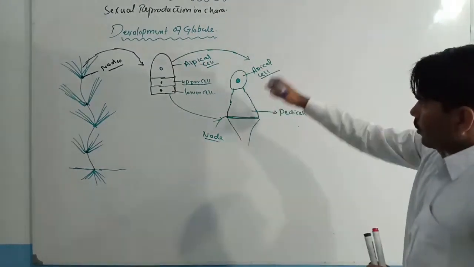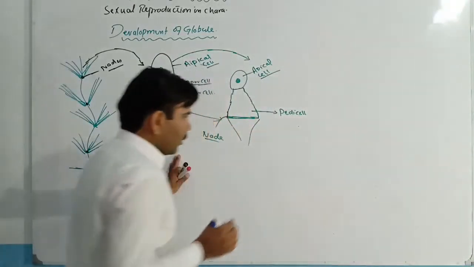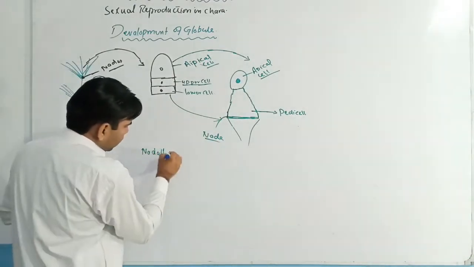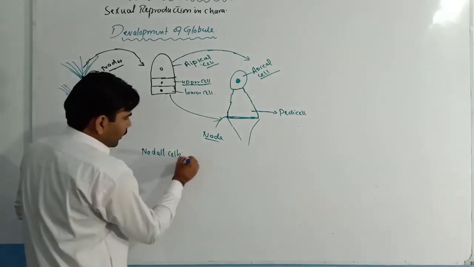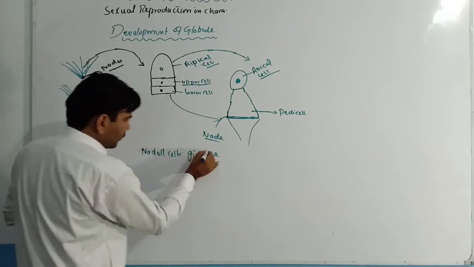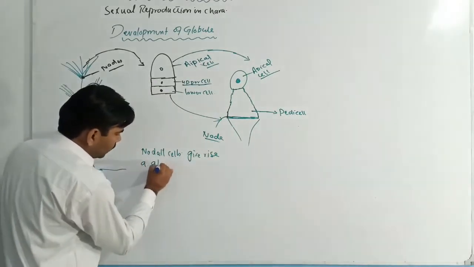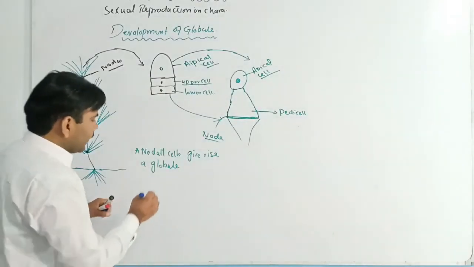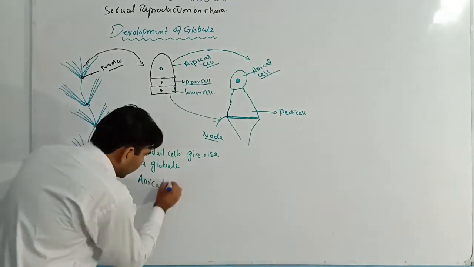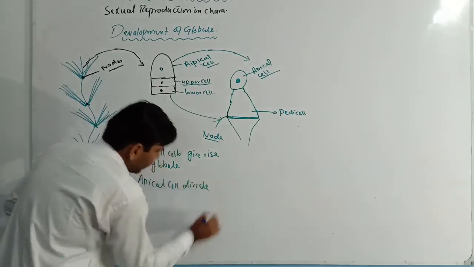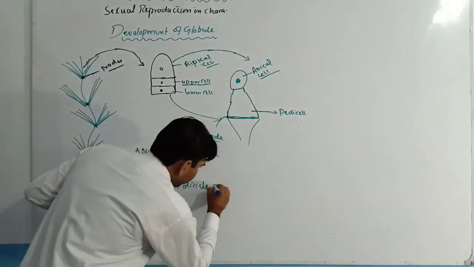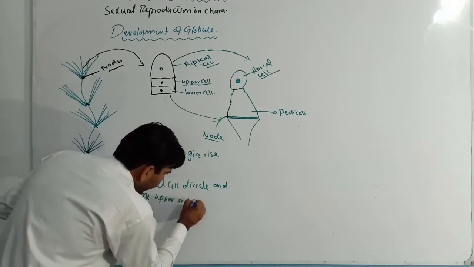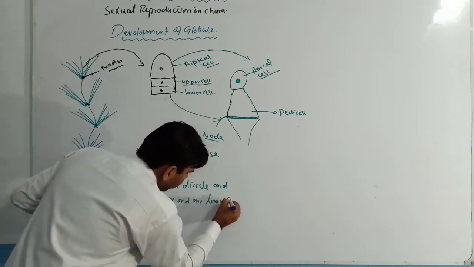Now I am going to draw this structure. So before the drawing, I am trying to write here: nodal cells give rise to a globule. How is this globule formed? It means the apical cell divides and produces two cells, one upper and one lower cell.